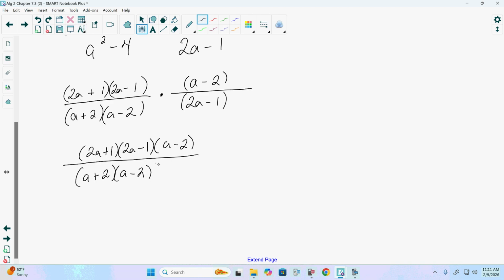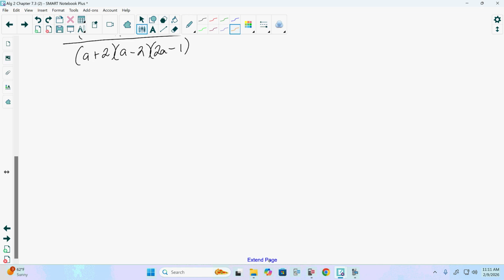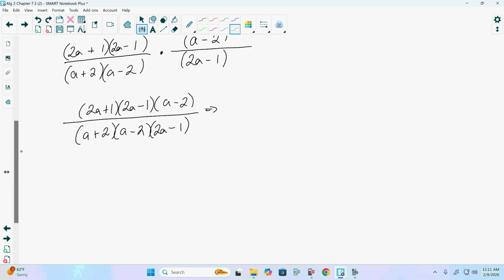minus 2 times 2a minus 1. So we can rewrite it out. We can rewrite it so that we have the three terms on top being multiplied together and the three terms on bottom being multiplied together.